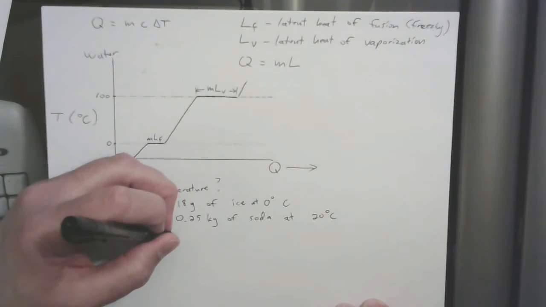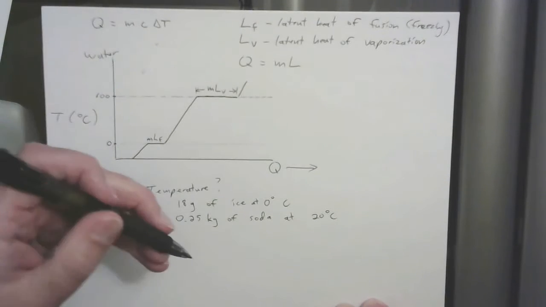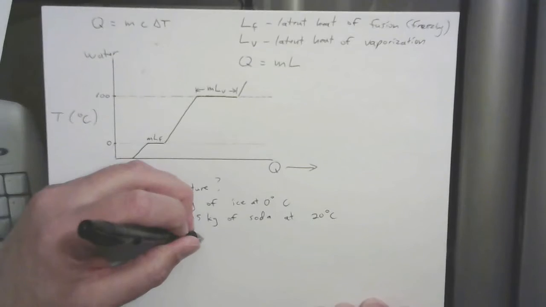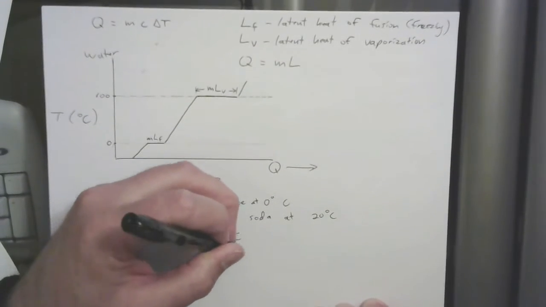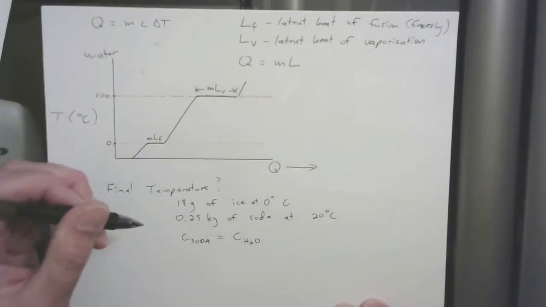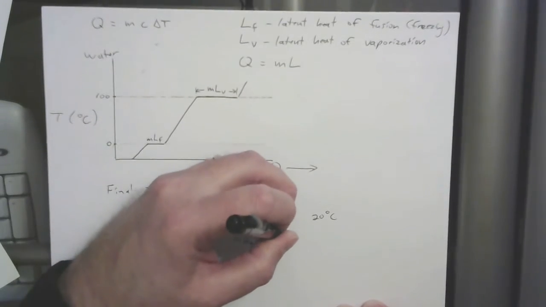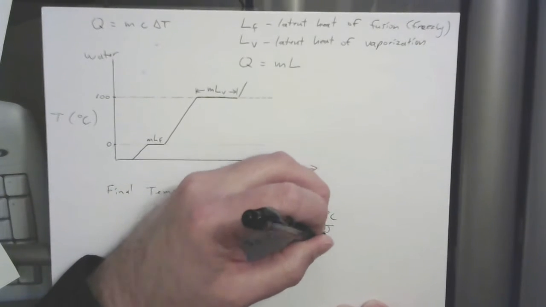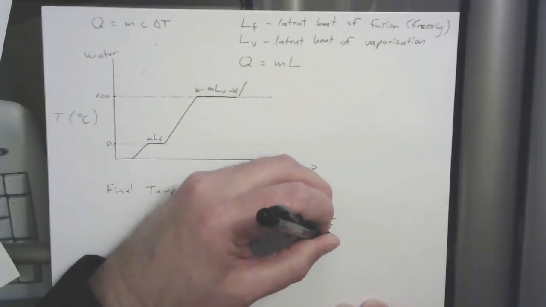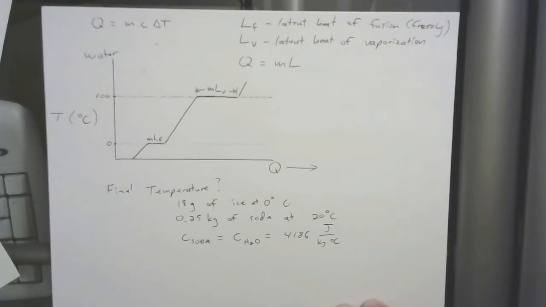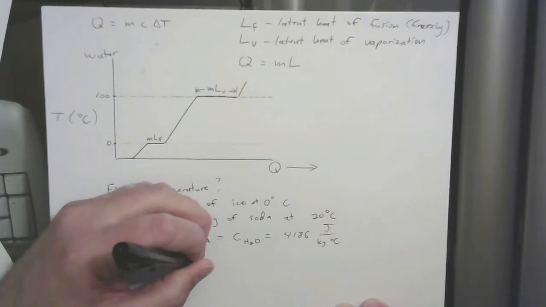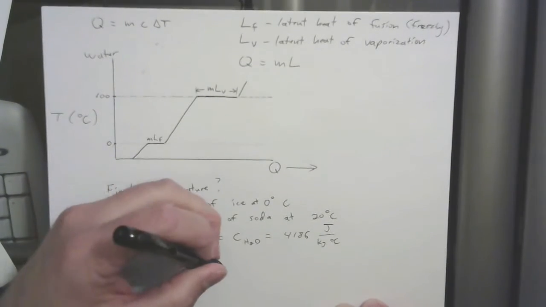And the problem says, go ahead and assume that the specific heat C for the soda is the same as the specific heat of water, and that is a particular number, 4186 joules per kilogram degree Celsius. We also will need the number for the latent heat of fusion for water ice.